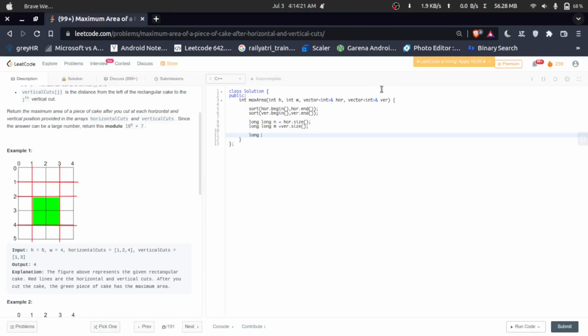So basically long, maximum horizontal width is basically max of.